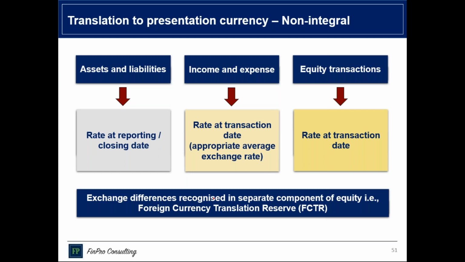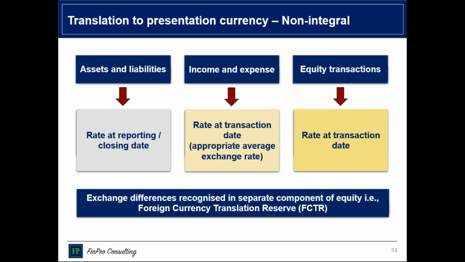Then the second is income and expense. These are converted at the transaction date balances or an appropriate average exchange rate. Generally, the transaction date amounts are not available in practice. So in 99.99% of cases, appropriate average exchange rates are used for conversion of all the income and expense related items.